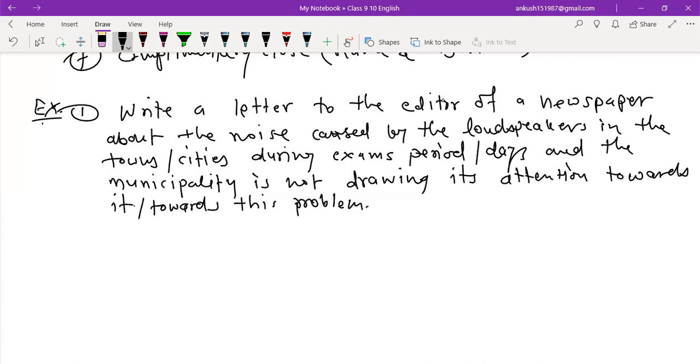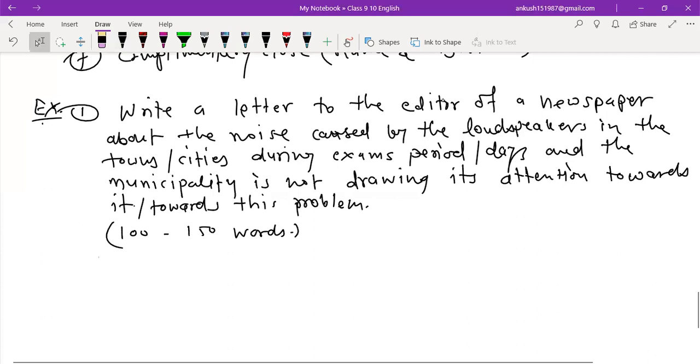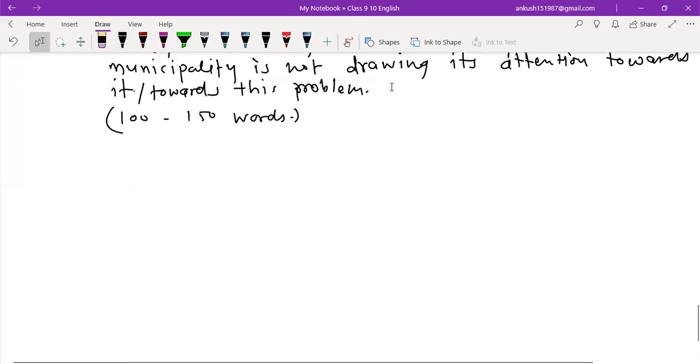Write the letter in about 100 to 150 words. Now I'm not writing anybody's name there, we will take any name at the end. But in the exam, suppose that name is given or mentioned, then you only have to write that.